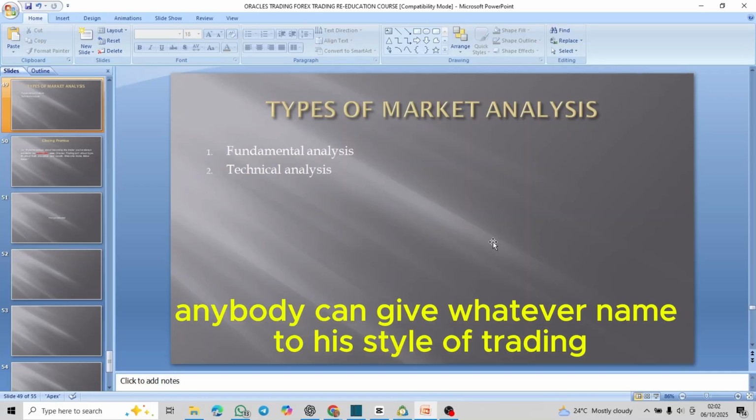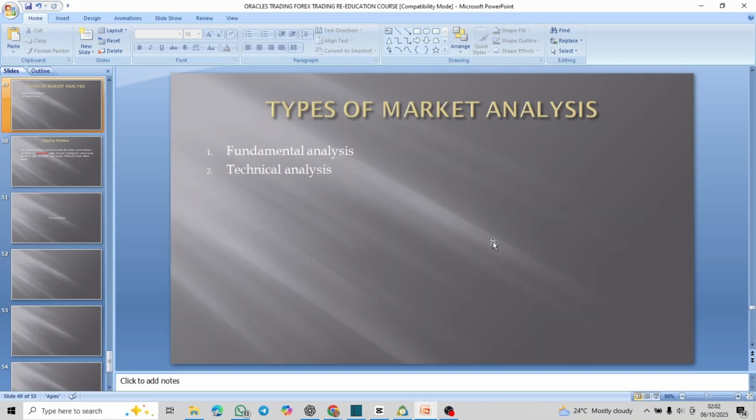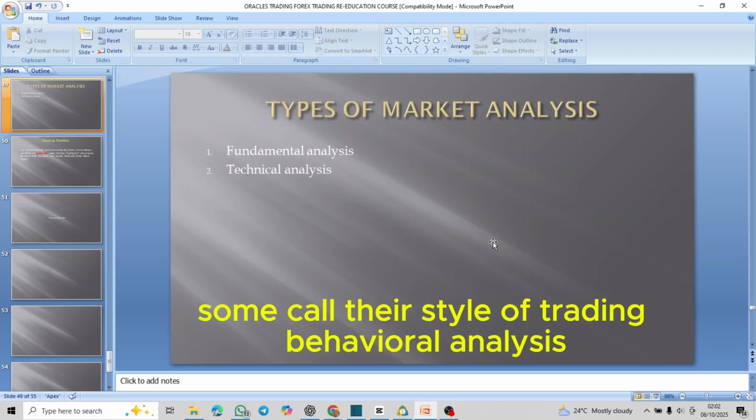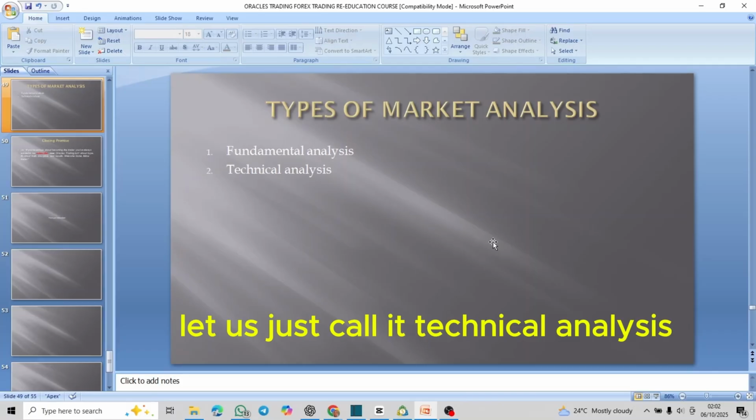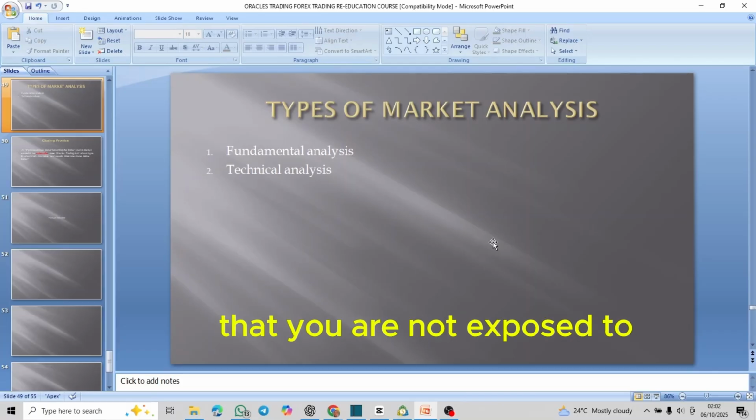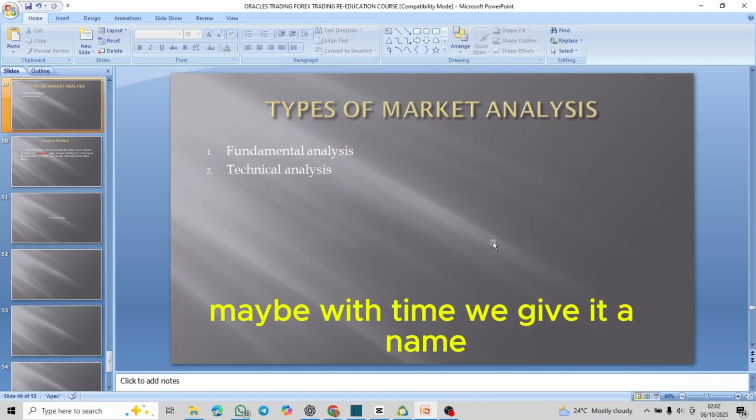Anybody can give whatever name to his style of trading. Some call their style of trading behavioral analysis. But let us limit ours. Let us just call it technical analysis that you are not exposed to. Maybe with time we give it a name.